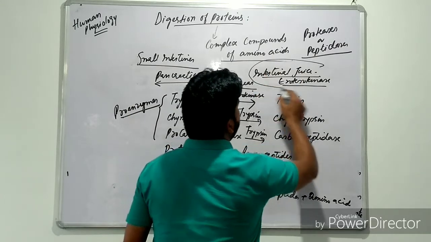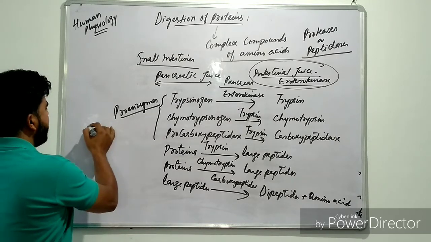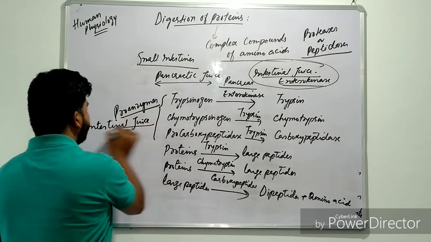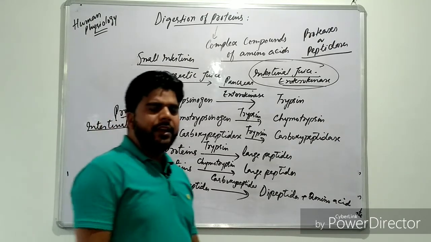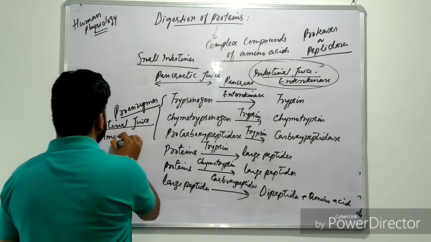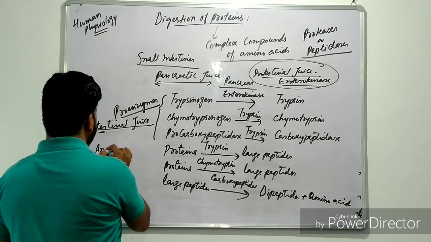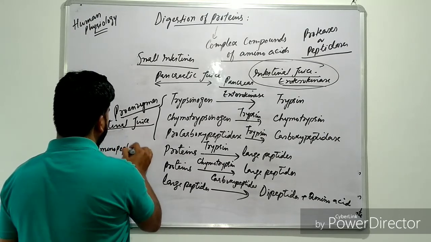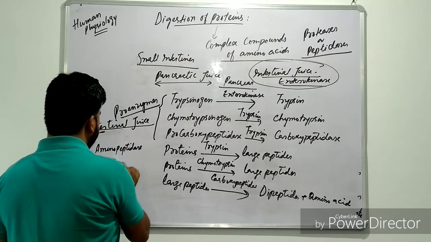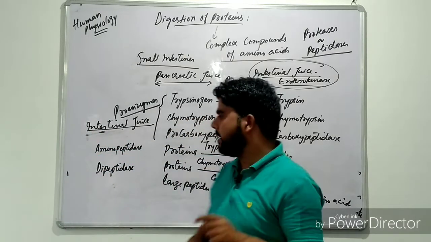The action of the intestinal juice is still pending. Intestinal juice contains two types of enzymes. The first one is aminopeptidase and the second one is dipeptidase.